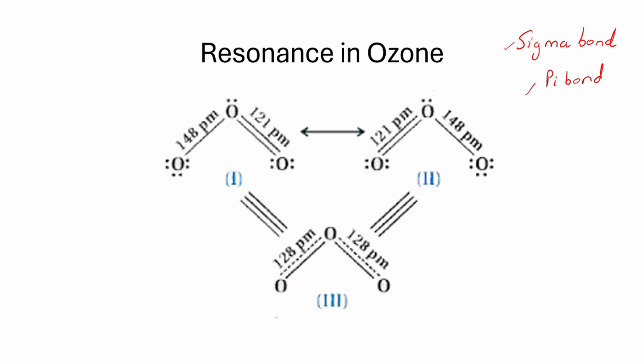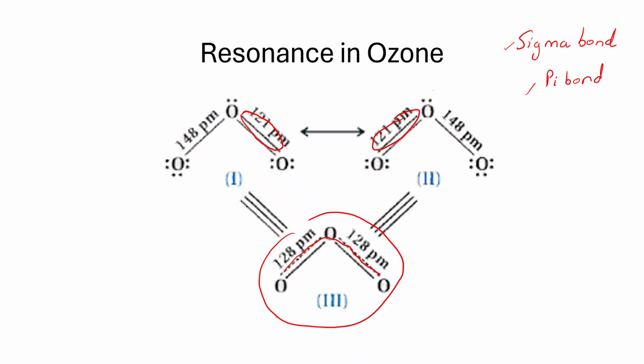So in a sense, what is happening in resonance is that the pi bond is not localized. That means the pi bond is not restricted to between two specific atoms in a molecule. Rather, in this depiction, as you can see, the pi bond is delocalized or spread over the entire molecule.